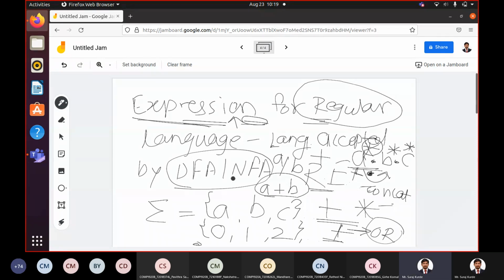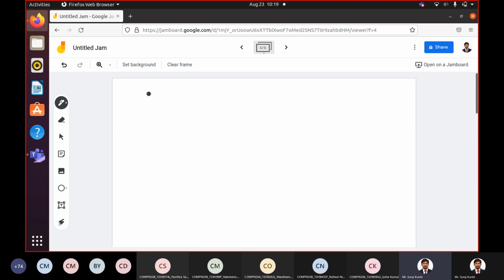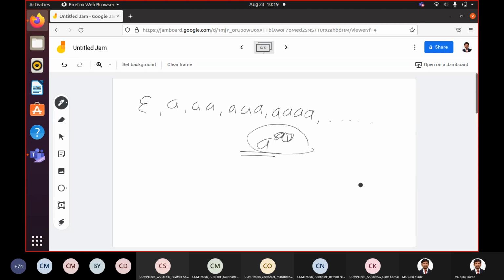As we cannot write language strings of infinite length, epsilon, a, aa, then three times a, four times a, and so on up to infinity, I cannot write that many strings. So for that we are using regular expressions.